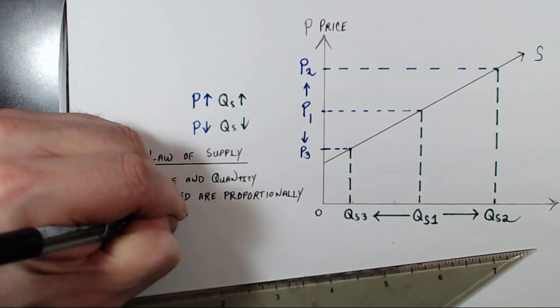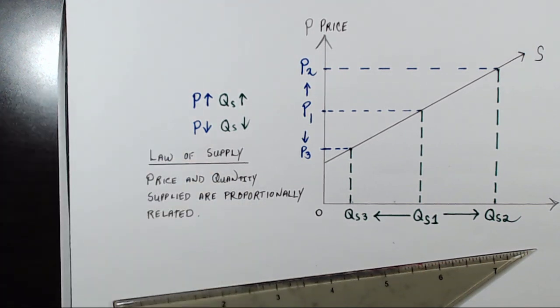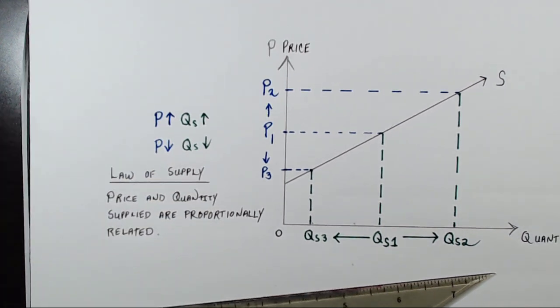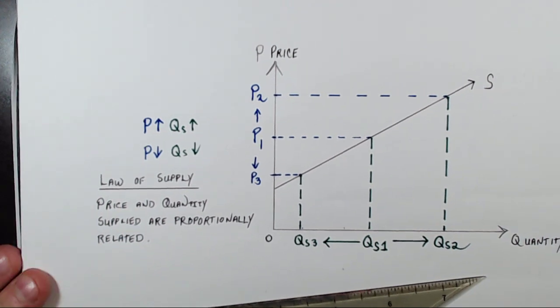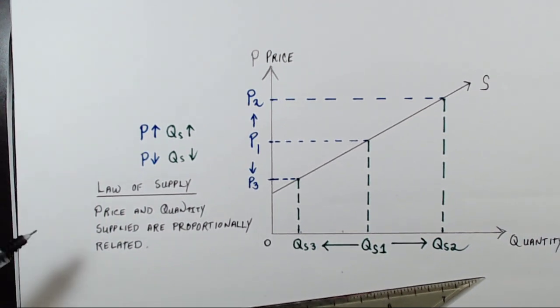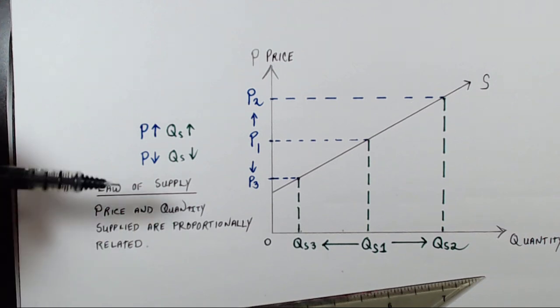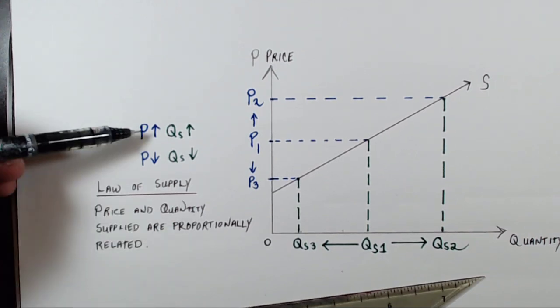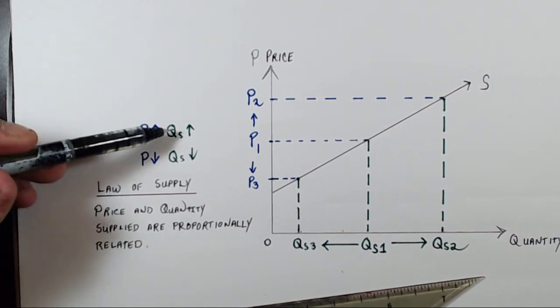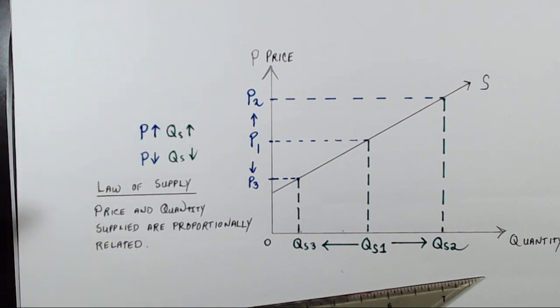You might have a different way of saying the same thing, but that is different than the law of demand, which we said was an inverse relationship. Well, this is a proportional relationship.